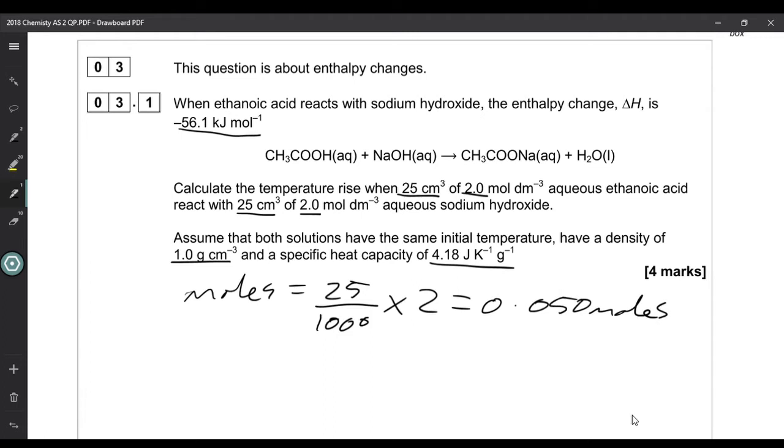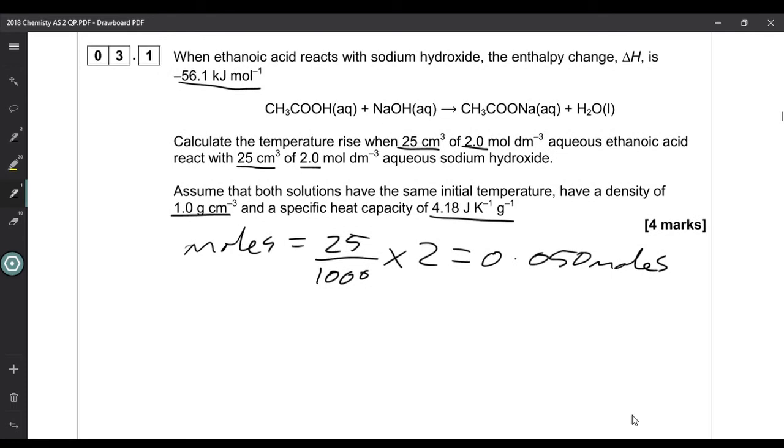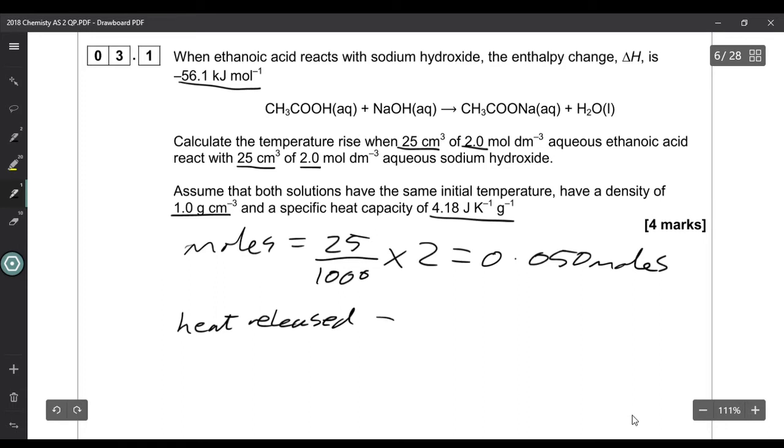So next we've got to work out the amount of heat that's been released. So the heat released is 0.050 moles, and we've been told that it releases 56.1 kilojoules per mole.